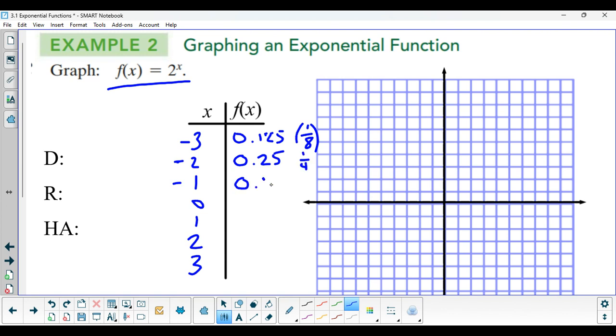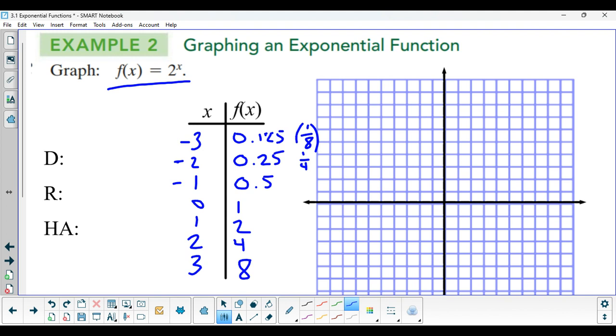Then we continue on here. We have 0.5, then we get a 1, and it's a little bit easier once the positive numbers get thrown in. 2 to the first power is 2. 2 to the second power is 4. 2 to the third power is 8. And it would continue on that way.